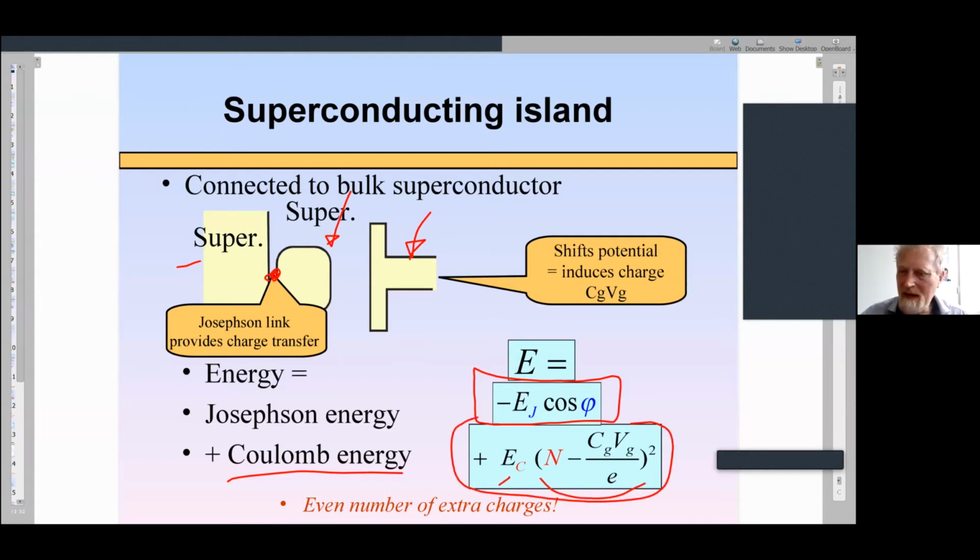Fine. At the moment, both phi and the number of charges are classical quantities. I want to make them quantum. Just keep it with me.